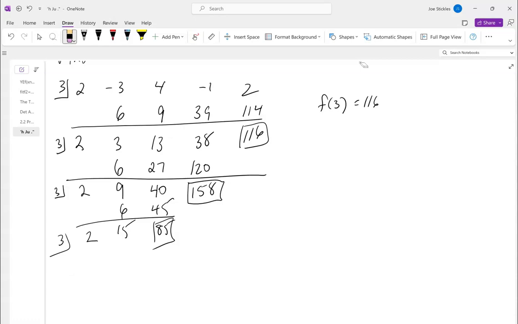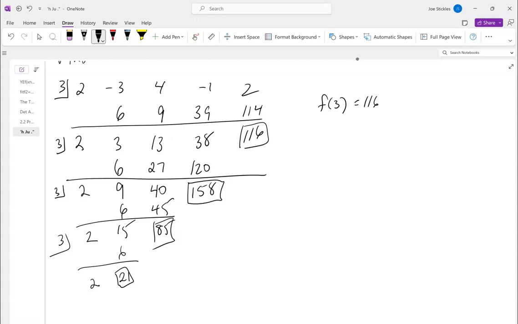Again, don't need the 85. Bring down the 2. Multiply, add. Ooh, that was ugly. And then of course, with that last 2, we know we're essentially done, because the next one we just bring down the 2. This is how we know to quit: we get down to where we only have this one part left.